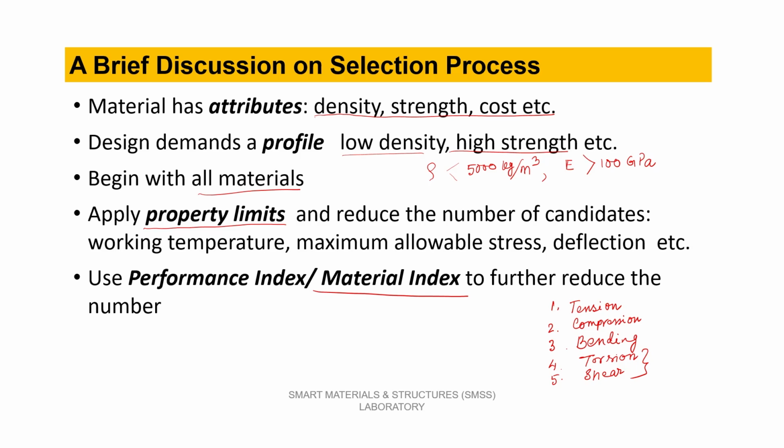So, we can interpret each in terms of the other. We will see how, corresponding to torsion and shear, we can find similar material property indices. That will be the first part of all that we are trying to do, with respect to the material index.